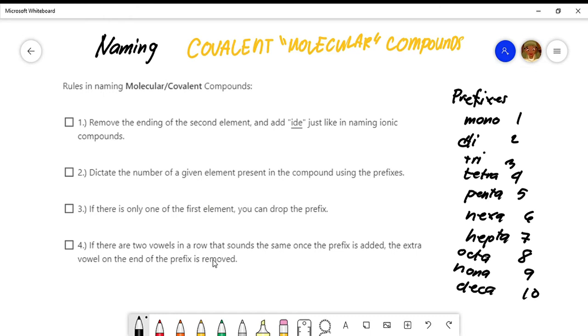So a simpler example would be CO2. We call this carbon dioxide.